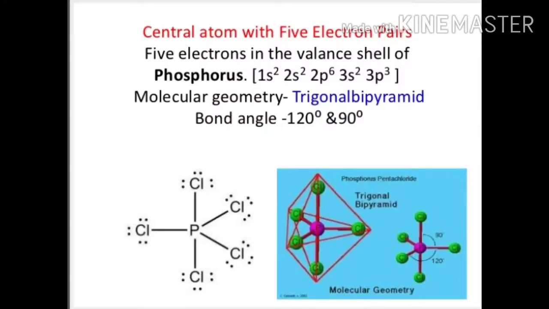The remaining two bonds, one above the plane and one below the plane of the equatorial position, both make a 90-degree angle with the plane, and these are known as axial bonds. And the shape of the molecule is trigonal bipyramidal.